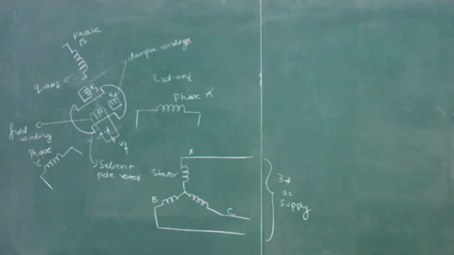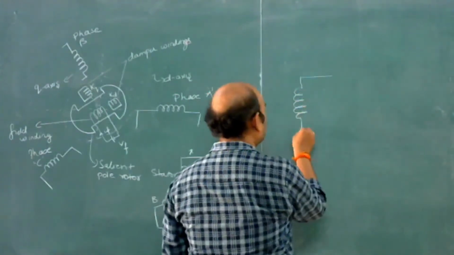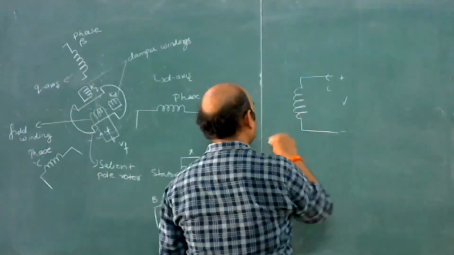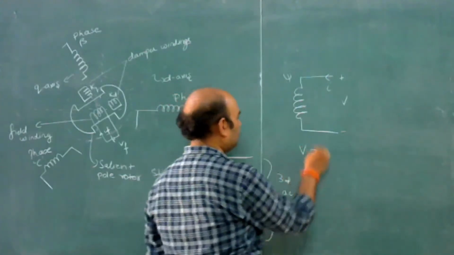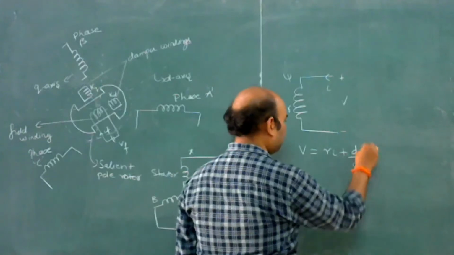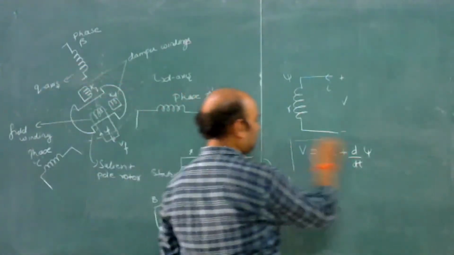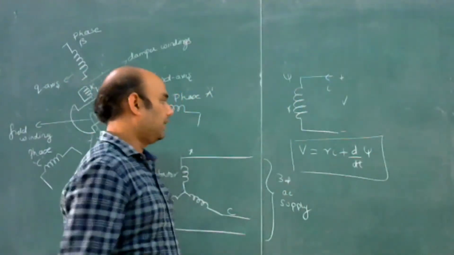the voltage equation of each three phase winding and the field winding has a general form. Any field winding or armature winding has voltage V, current I, and psi is the flux linkage. So V is equal to R into I plus the rate of change of the flux linkage. Okay, so this is the basic EMF voltage equation for a winding.